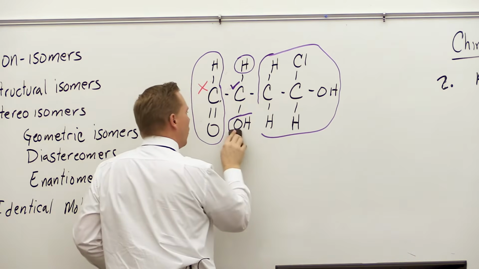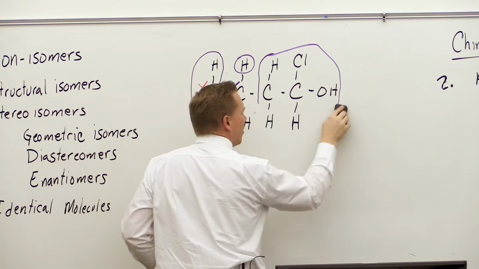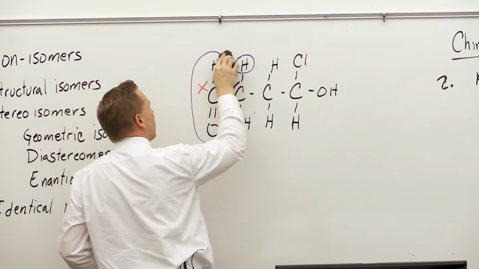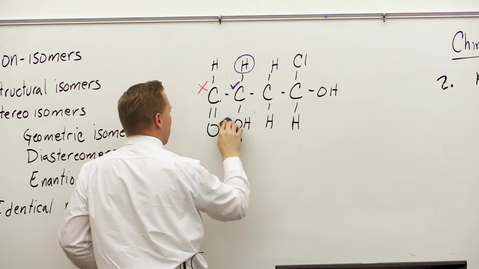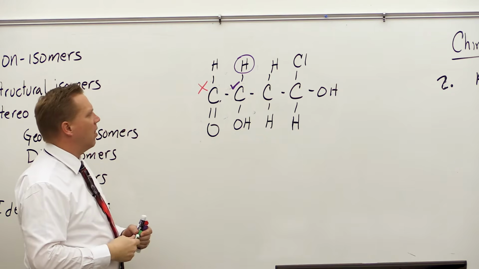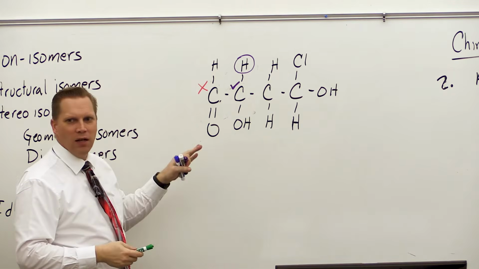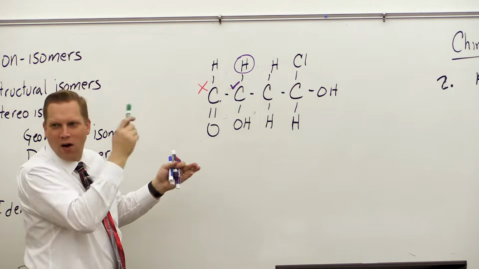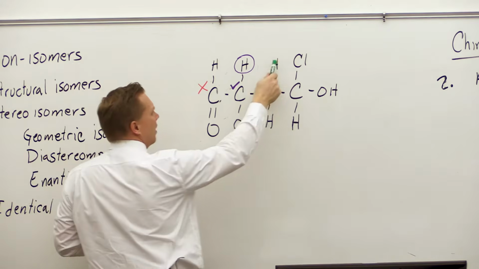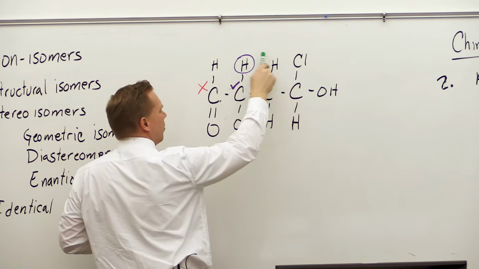We'll erase these and we move on to the next carbon. If you look at that molecule for just a second, I'll do these in green. I'm not going to outline it because eventually you don't want to be drawing on your paper all the time. Eventually you'll get good enough that you'll say, okay, this is one group.